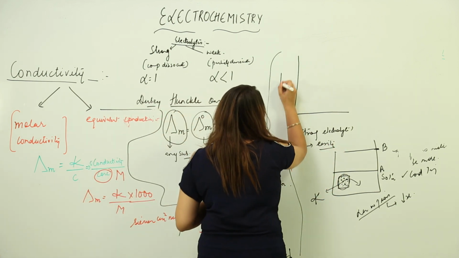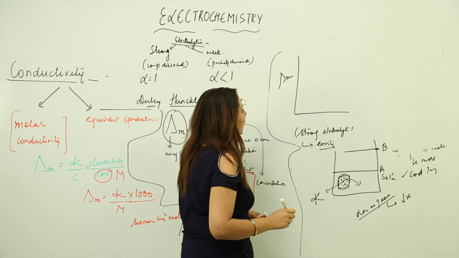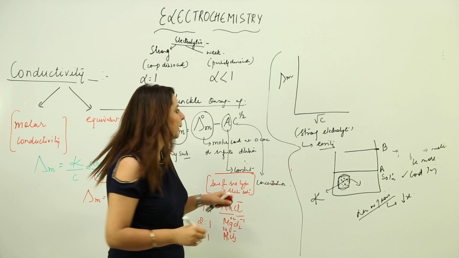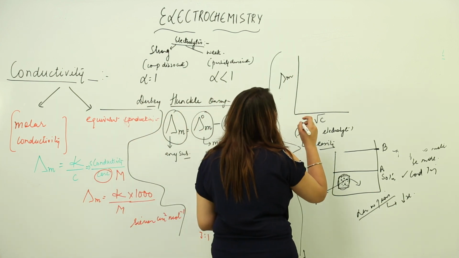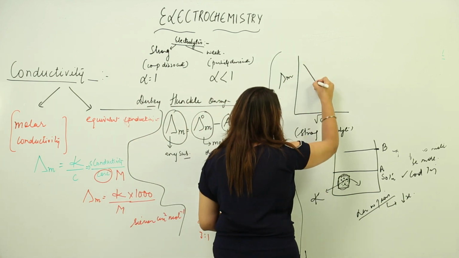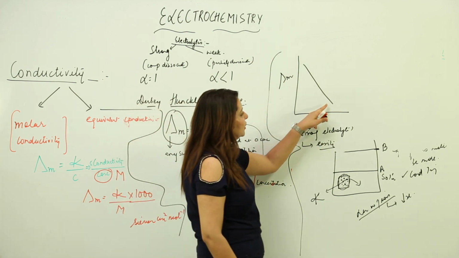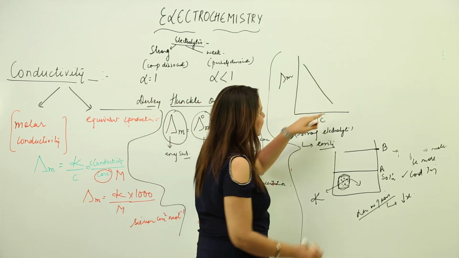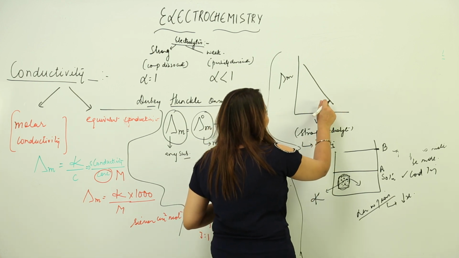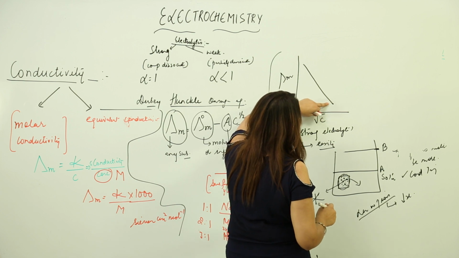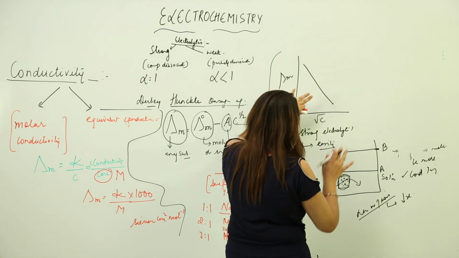Suppose this is my molar conductivity for any strong electrolyte and this is the concentration. So I am going to plot a graph between them. We see that the graph appears like this. That means I am decreasing the concentration. As you can see, we started from here.